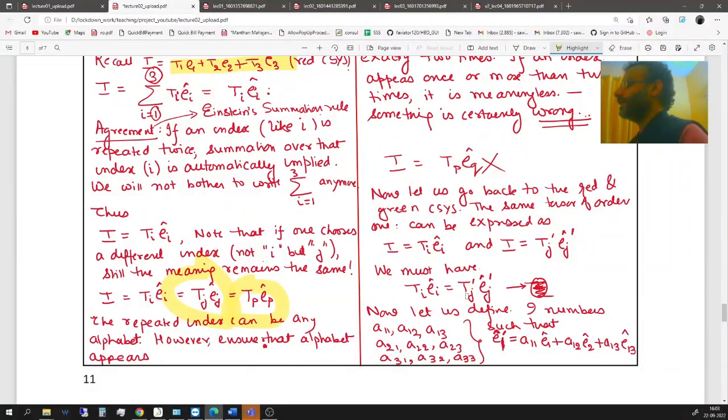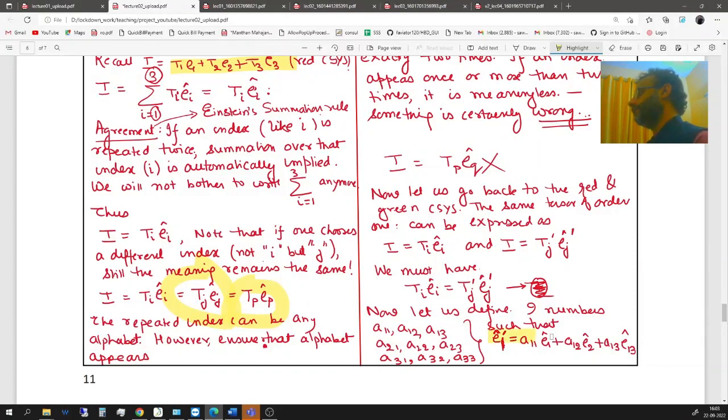Now at this point, let us think of 9 numbers which I am denoting as A11, A12, A13 and so on all the way to A33, such that these become the coefficients of the unit vectors of the red coordinate system when you are trying to write an expression for one of the unit vectors of the green coordinate system.